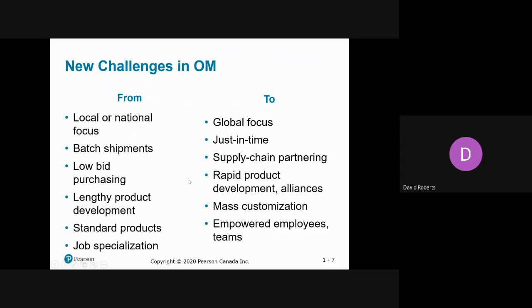One of the things that has happened in operations management is a shift from a very localized type of mentality or focus to more of a global focus. So it's not unusual for a company to source things from China or Brazil or wherever in the world. So it's become a global village as opposed to what resources do we have in the local area.